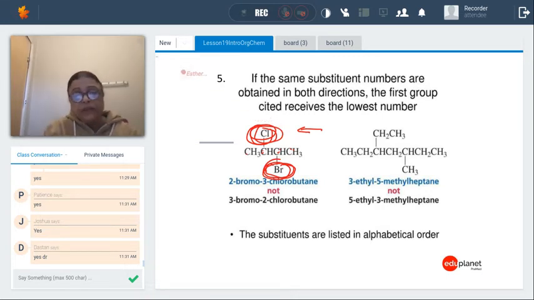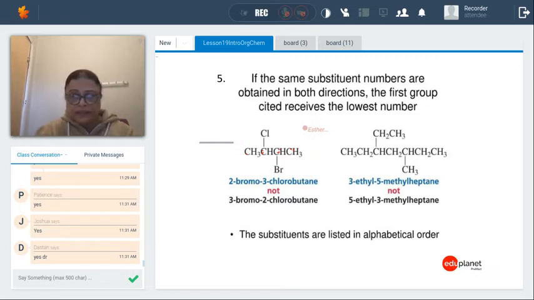And if I count the other way around, I have the same, branching at 2 and branching at 3. So is it 2-bromo, 3-chloro, or 2-chloro, 3-bromo? Well, then the alphabet decides again. The substituents are listed alphabetically.